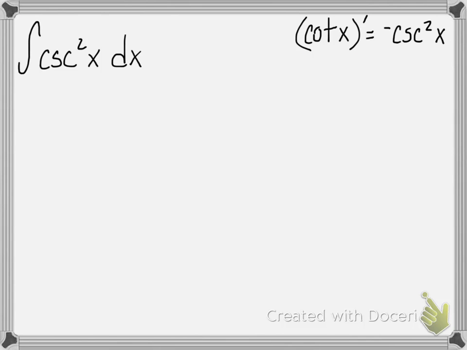And for cosecant squared x, well, cotangent gives us a negative cosecant squared x. So if we do that integration, we're going to have negative cotangent x plus some constant.